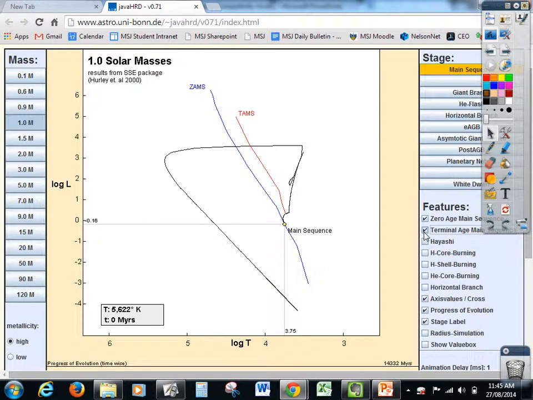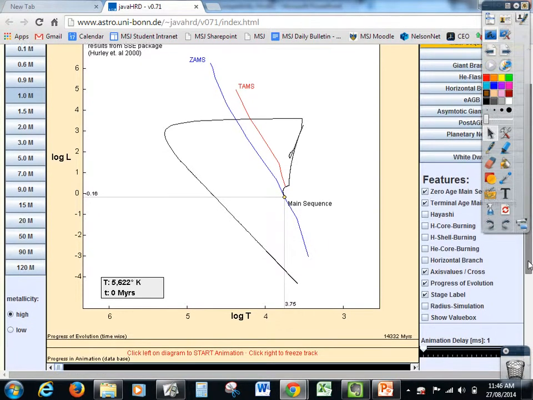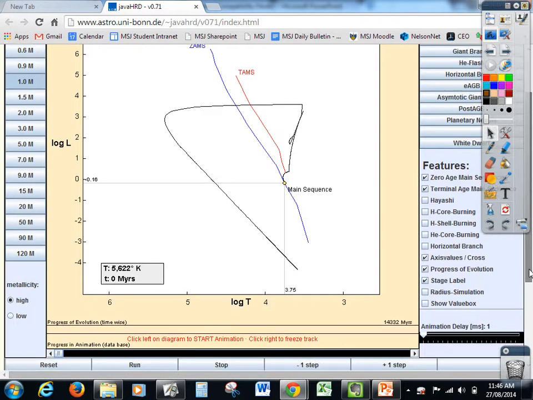And what happens is our sun is born here and then will undergo this evolution. So let's just go through it. Down. And let's run it. Okay. Right.